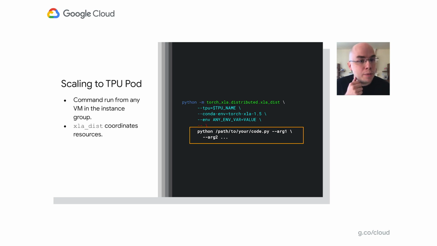And here, the green part is xla_dist. It's offered by Torch XLA, and it coordinates the resources, sets up the mesh between the instance group and the TPUs, and sets up the environment variables specified by the next set of elements. For example, the TPU name, the conda environment, and any other environment variable that you might want to set up. And that's it.